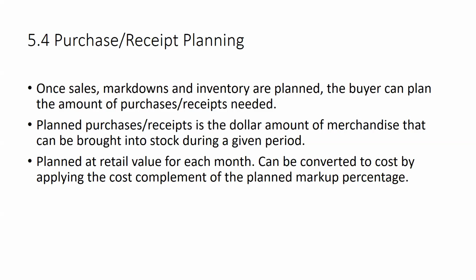So think about you have about $100,000 to buy your stock for the month of April, for example, and then you're getting this 100,000 based on your calculations of expected sales, your markdown strategy, your inventory for the month of April, and that's how you would come to purchases or receipts. Both of them mean the same. And you can convert them to cost by applying a cost complement for the plan markup percentage.